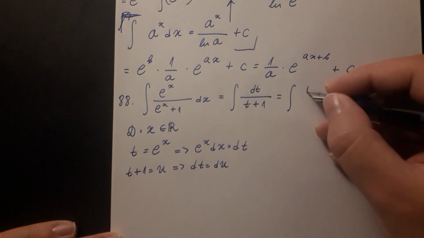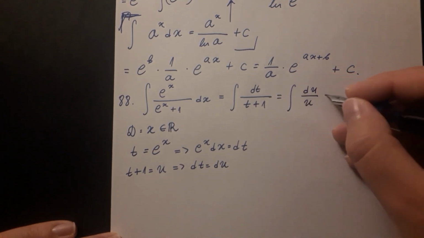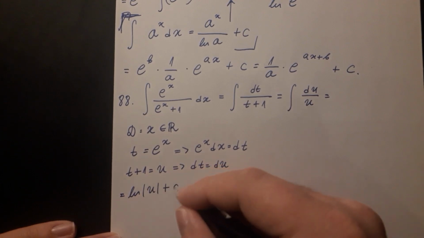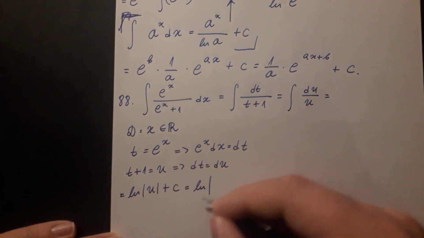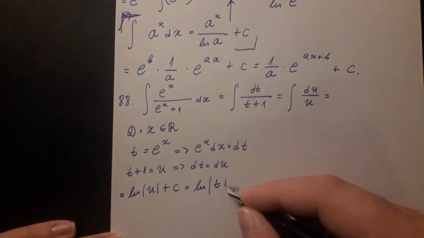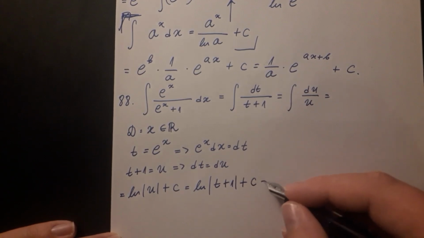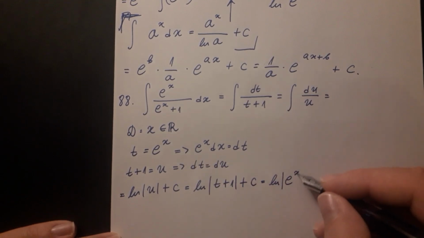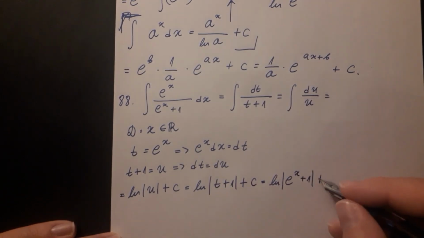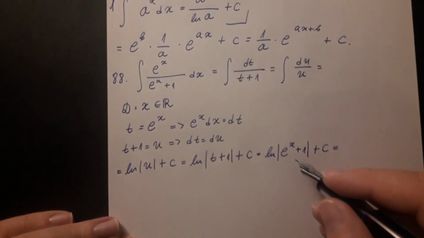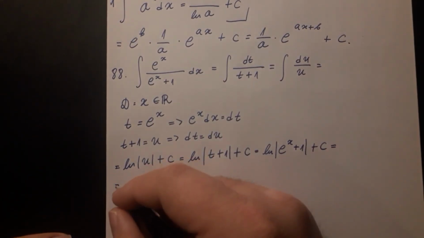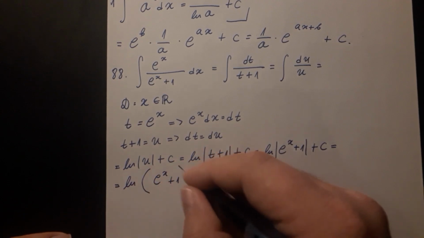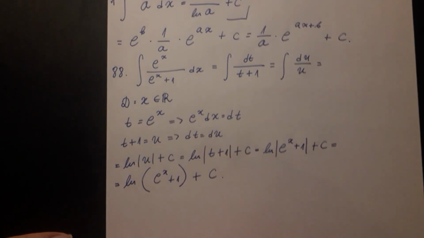So we get the integral of du divided by u, which is ln of the absolute value of u plus c, which is equal to ln of the absolute value of t plus 1 plus c, which is equal to ln of the absolute value of e to the power x plus 1 plus c. E to the power x plus 1 is always positive, so we get ln of e to the power x plus 1 plus c.